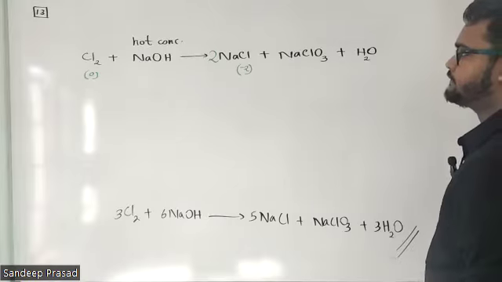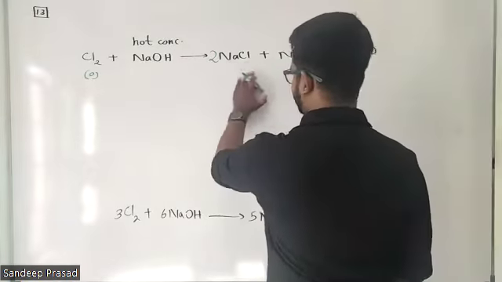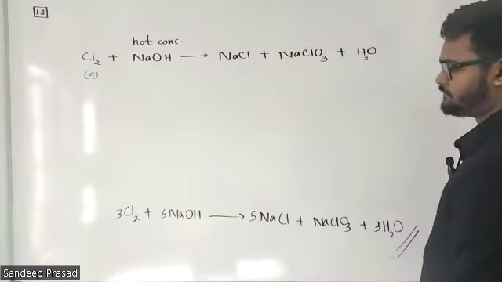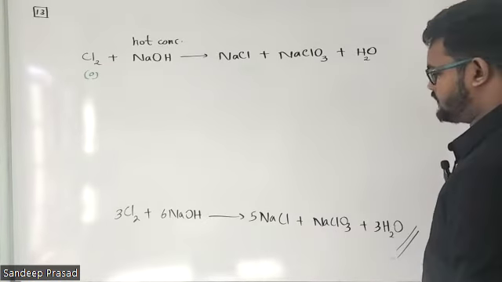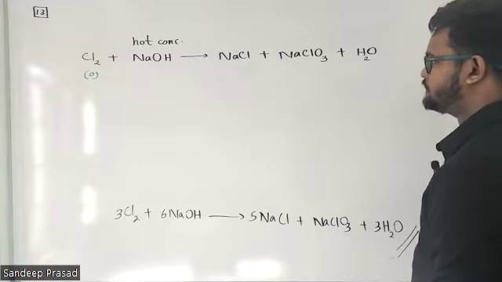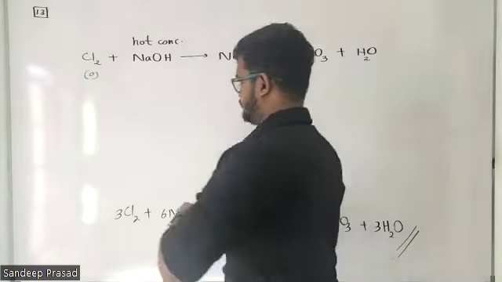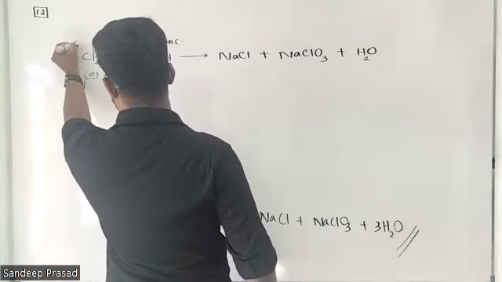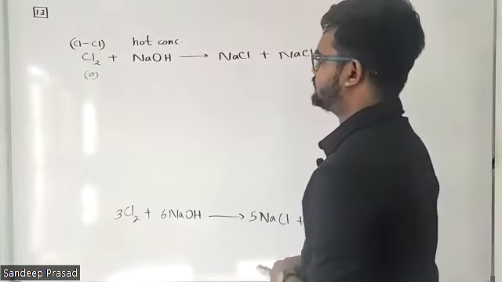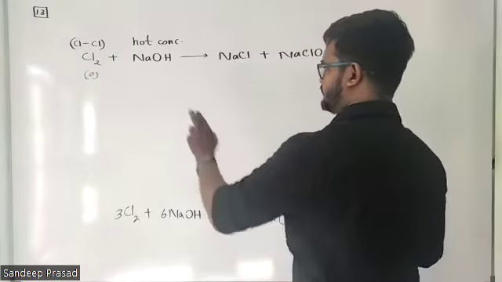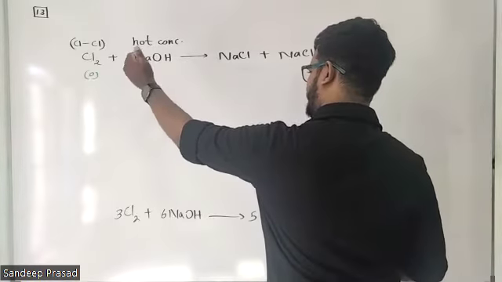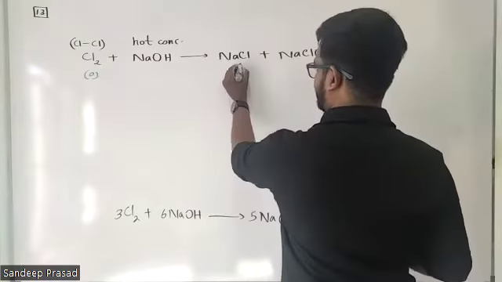Right? If not, what about if I consider in this way? Look at this one very carefully. Chlorine. There are two chlorine atoms. Let me consider one chlorine atom is going from 0 to -1 here.